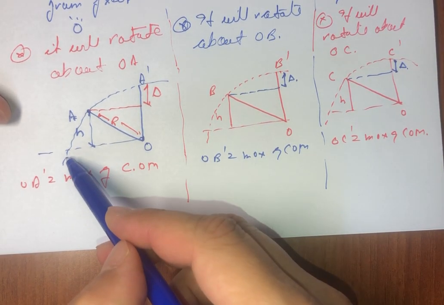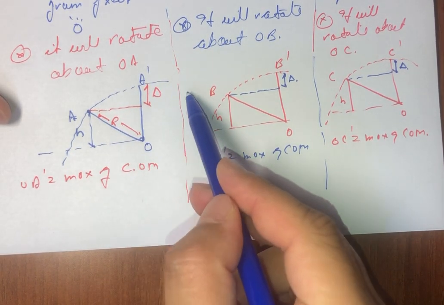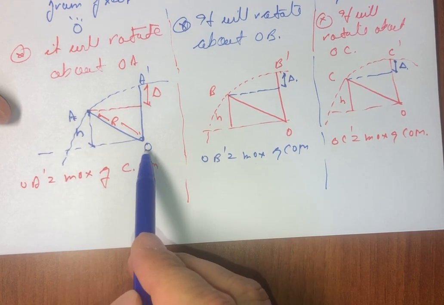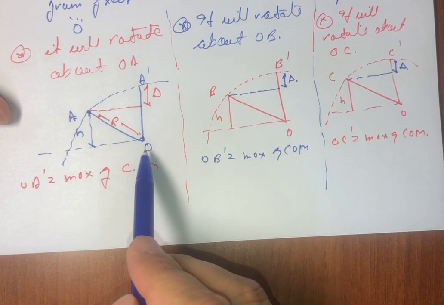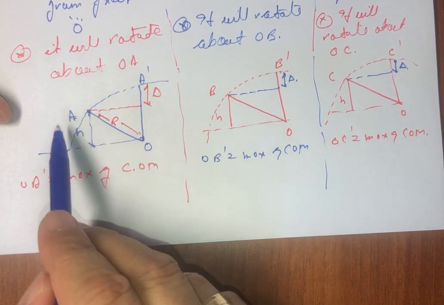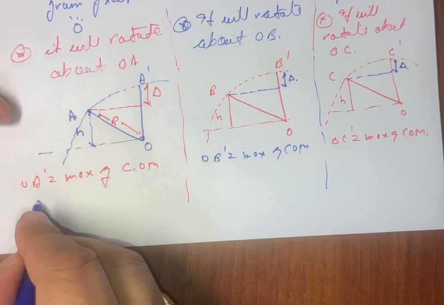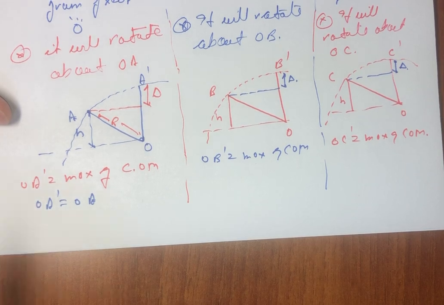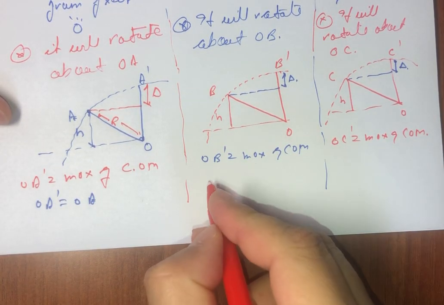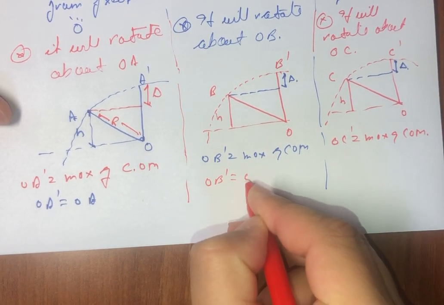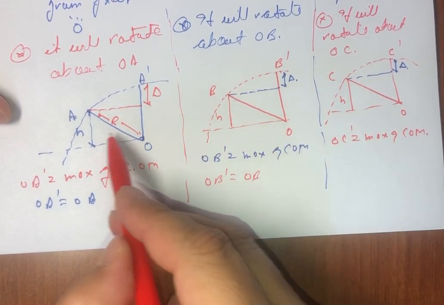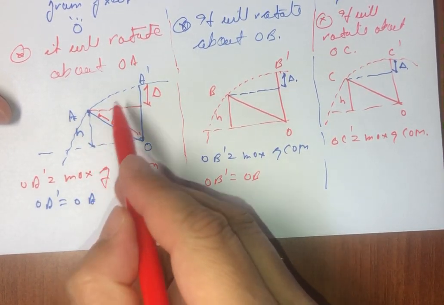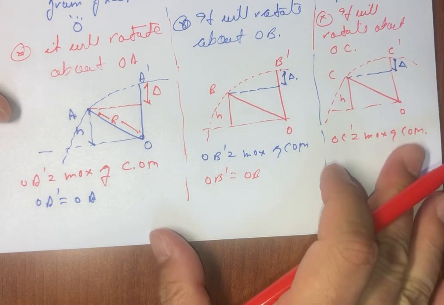So as it will be a full circle, under this condition, OA prime will be equal to OA. OB prime will be equal to OB, because all these OA as well as OB prime are nothing but the radius of the circle. Okay.